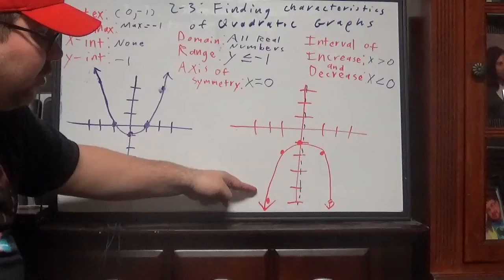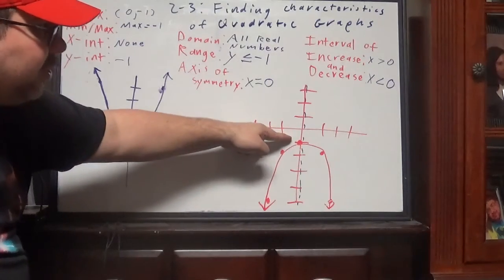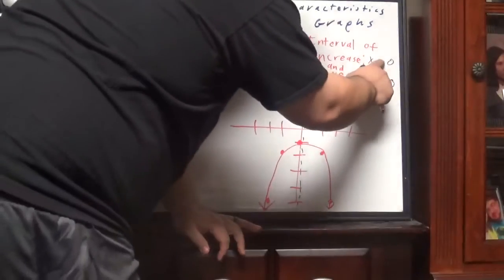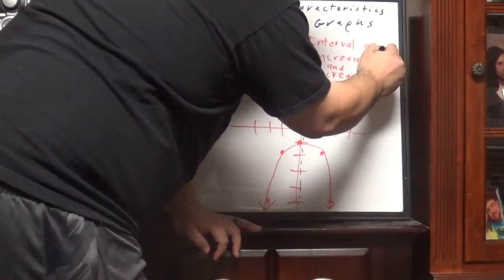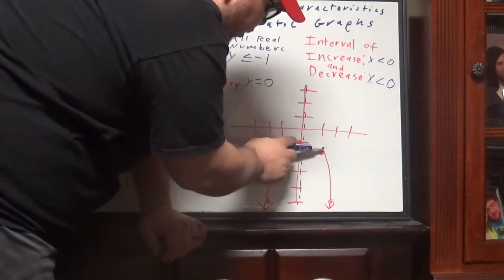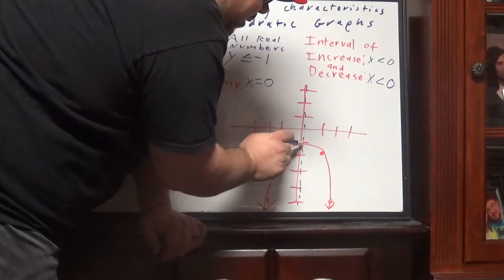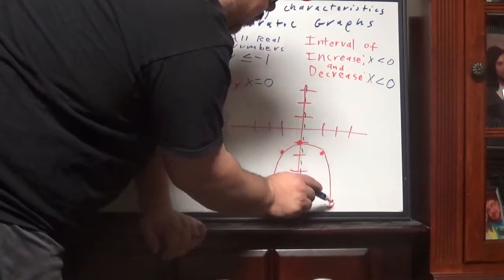As we go to the right, it's moving up before 0. So when x is less than 0, it's increasing, and as we go further past 0, greater than 0, it's going down.